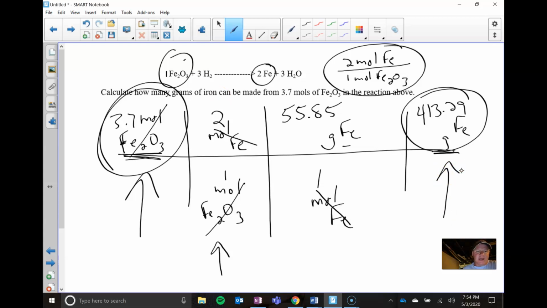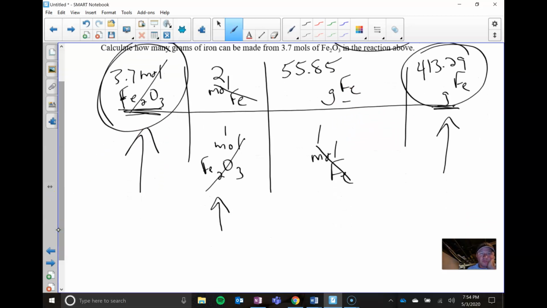Okay. Now, I want to point out that this particular problem, notice, we went from moles of one substance to grams of a different substance. Now, every problem will be different. Sometimes you might go from moles to moles, okay?